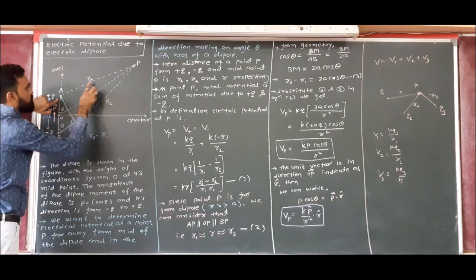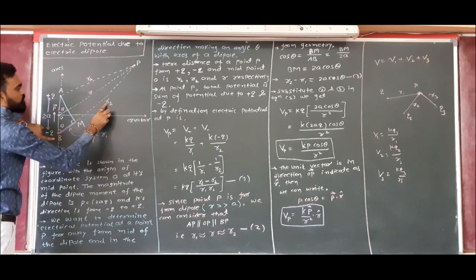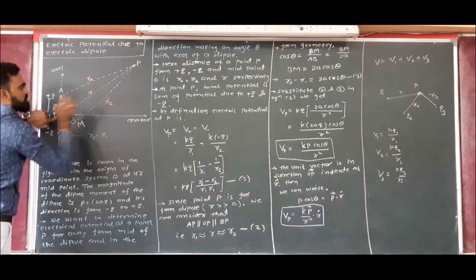From plus Q, it is R1. From minus Q, it is R2. And from the midpoint of the dipole, P is lying at distance R.